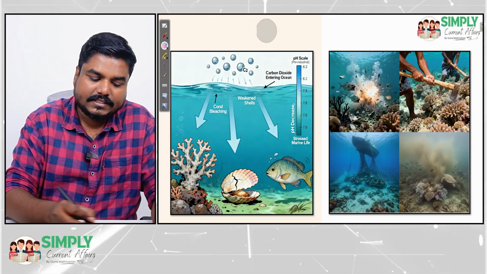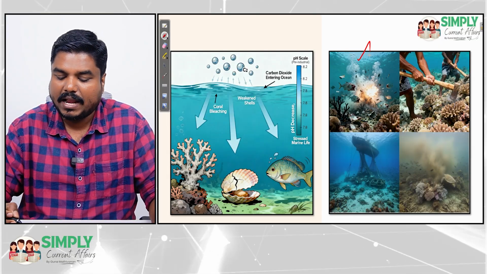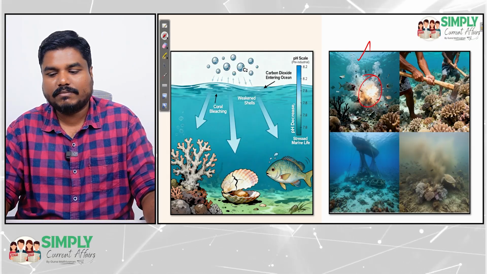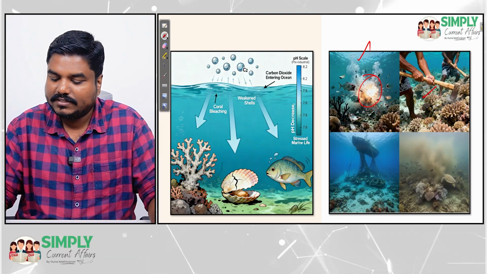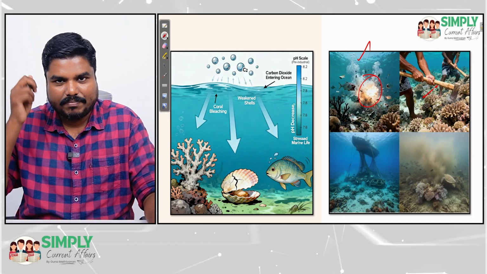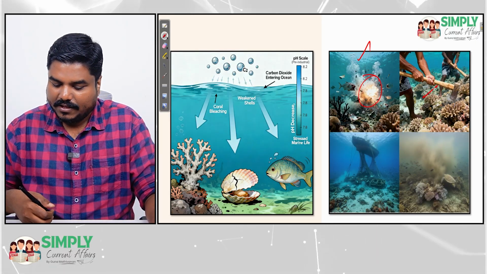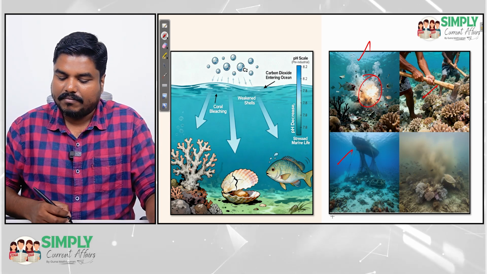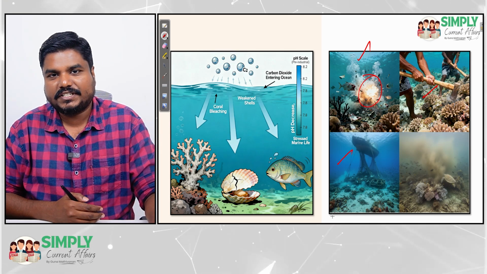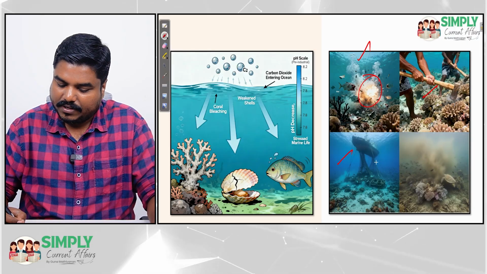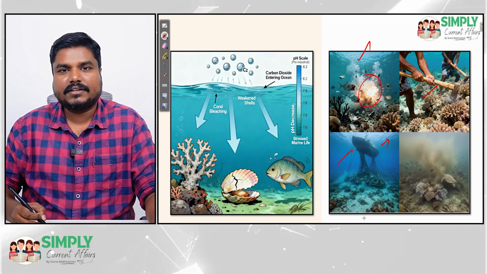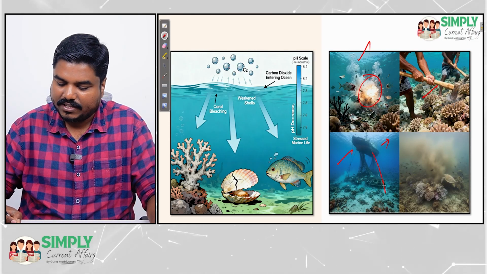Then indiscriminate fishing practices. This is called blast fishing. So dynamites will be placed near the corals. This is the second one I said, people banging on it. Then we have a bottom trawling fishing practice where, look at this image, we have a boat, below which we have lengthy nets.